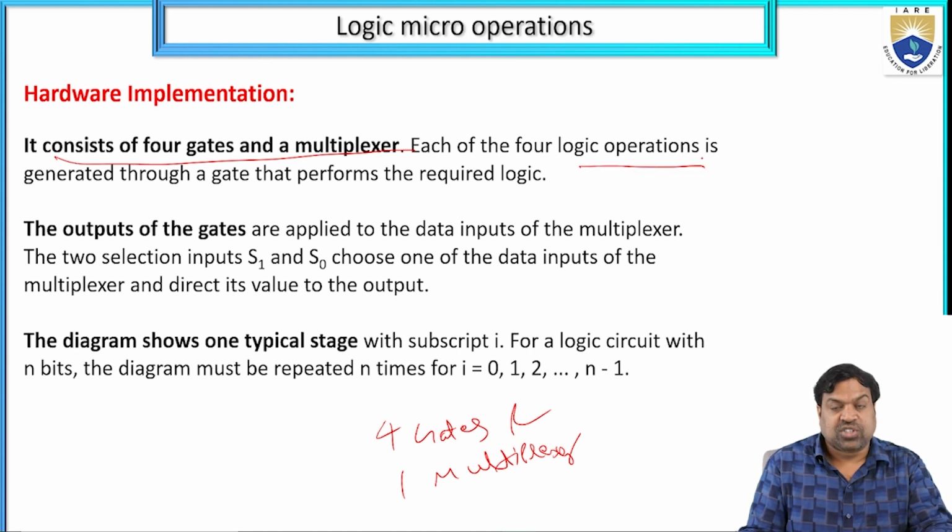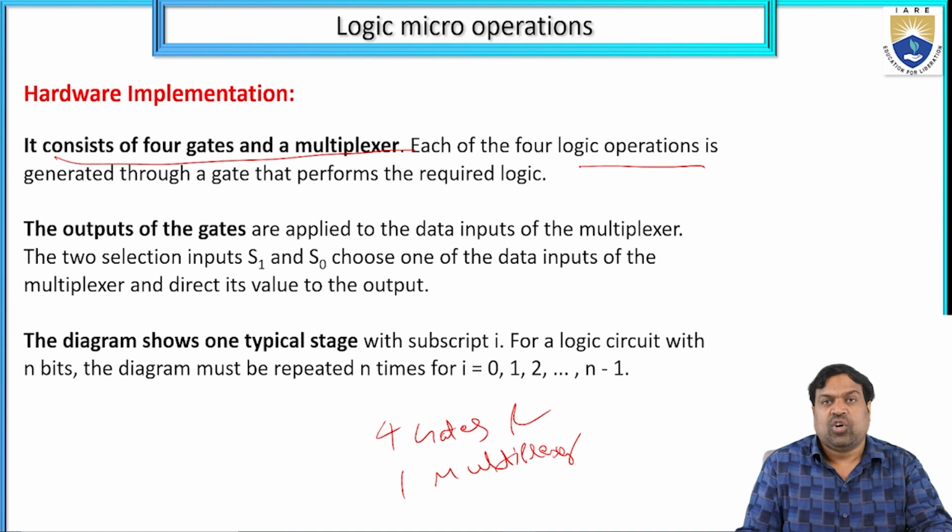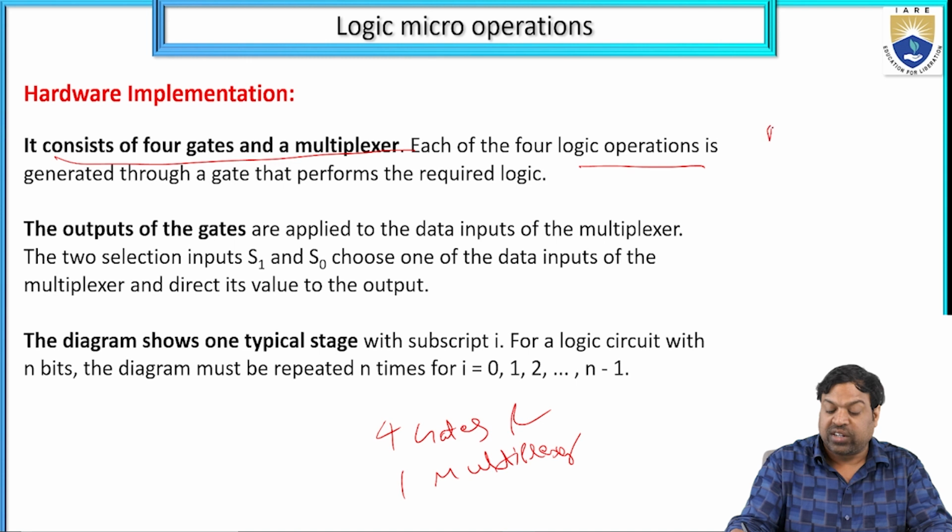And these logic operations are generated through a gate that performs the required logic. The outputs of the gates are applied to the data inputs of the multiplexer. The 2 selection inputs S1 and S0 direct the values to the output. So what are the data lines?